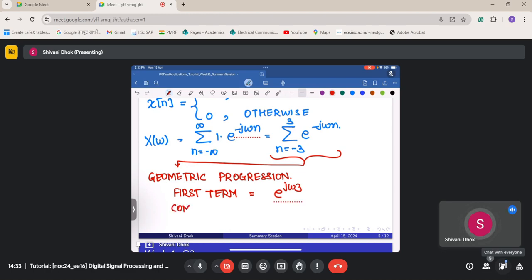Its common ratio is e power minus j omega, and the number of terms is 7.